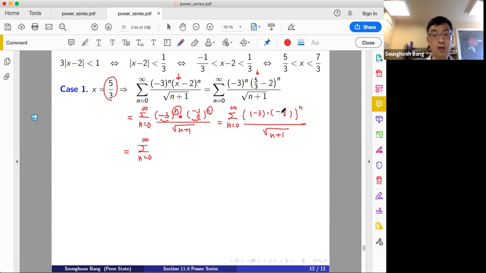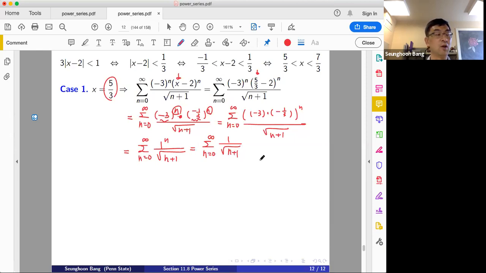Negative 3 times negative 1/3 is positive 1, to the power n over square root of n plus 1. 1 to the power n is just 1. This one, the summation of 1 over square root of n plus 1, is convergent or divergent?